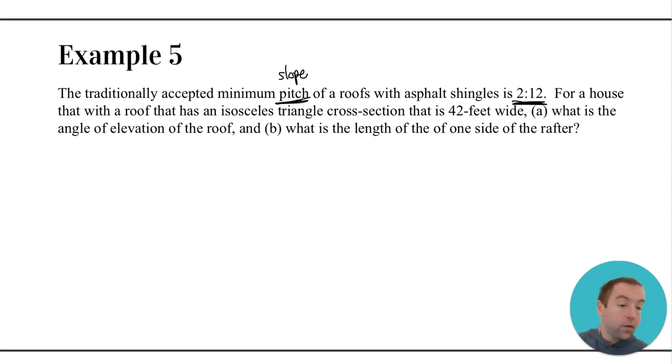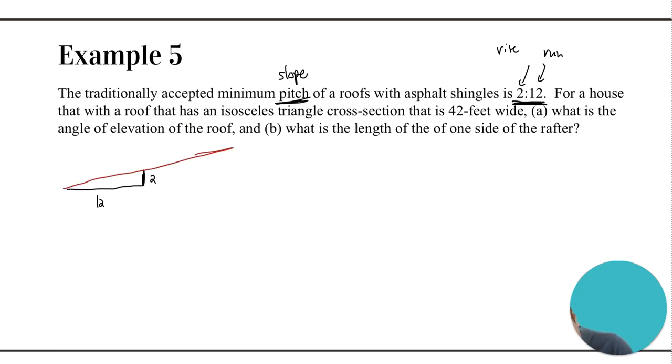And if you think about what slope means in the context of linear equations, it's the ratio of the amount of rise to run in some sort of slanted surface. So that means this 2 right here corresponds to the amount of rise, and this 12 right here corresponds to the amount of run. Basically that means for every 12 units of run, there are 2 units of rise in some sort of slanted surface, right?